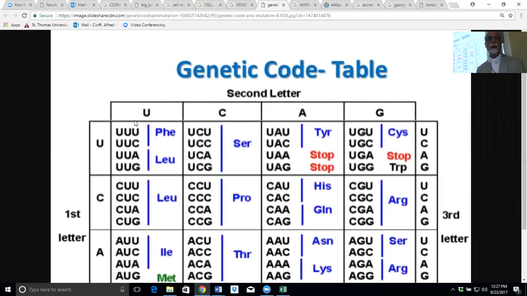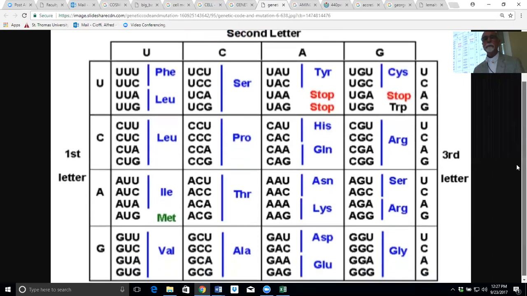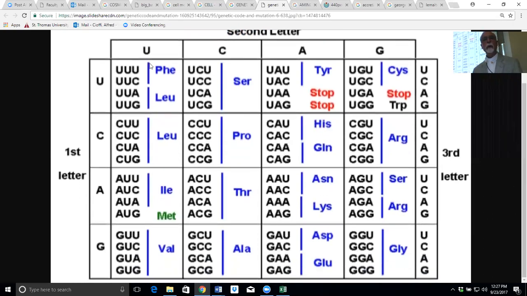Don't worry about the details, but if we do a table of this, we put the nucleic acids, which are only 4, and do combinations in 3s, each box will have 4 possible combinations of the nucleic acids, and these are what codes for the amino acids.